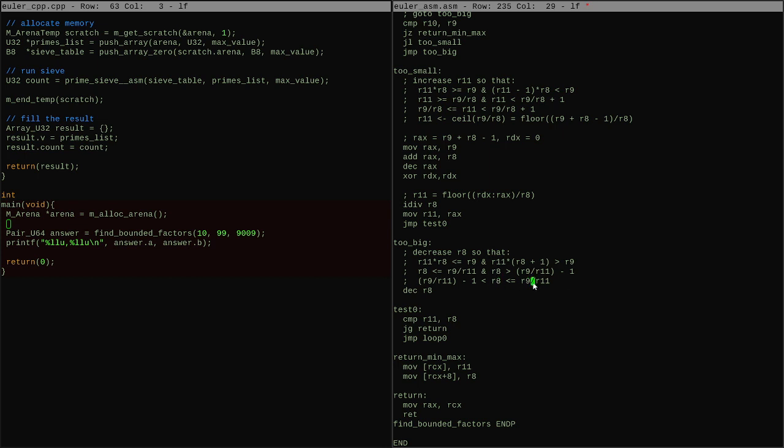If not, then there's a range that goes below that integer, the value of R9 over R11, where an integer must be contained. So either way, whatever this is, we want to take it or something less than it, but not so much less that it becomes one whole unit less, right? So this just becomes R8 gets the value floor R9 over R11.